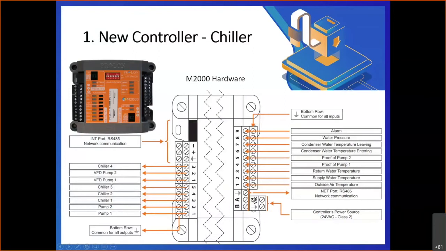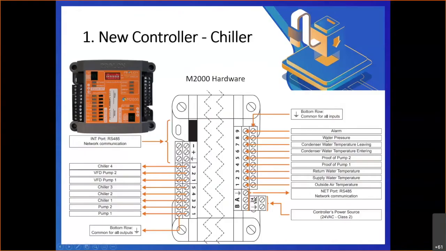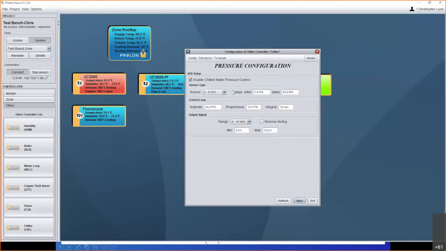Here we have VFD for pump 1, VFD for pump 2 on analog output 1 and analog output 2. Okay, and again, your pressure input is going to be on input 8 over here. There's your water pressure.